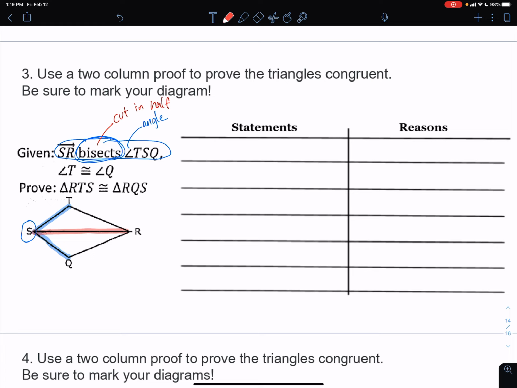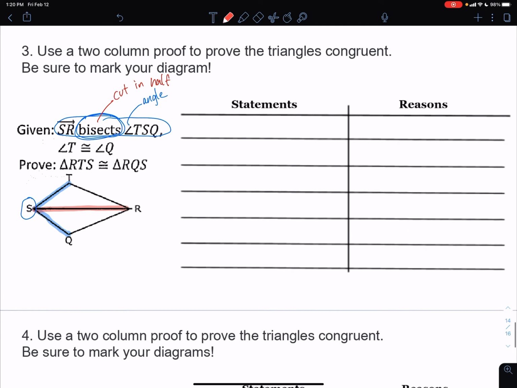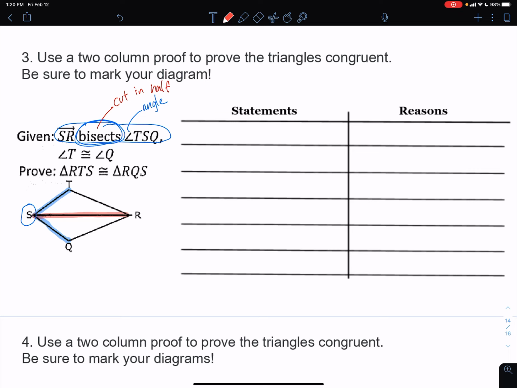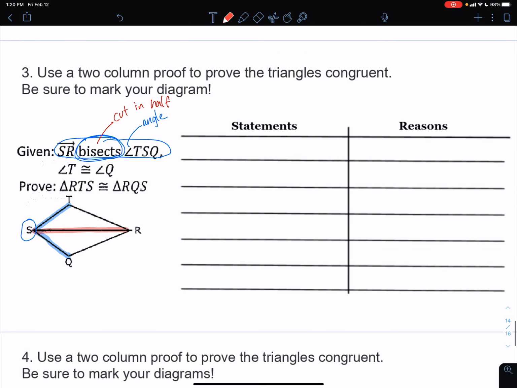Now, when you cut something in half, it creates 2 equal but smaller halves, right? Or 2 equal but smaller chunks. And so the red line is cutting our big angle in half, and it is creating 2 equal but smaller halves of that angle. So what are those halves is going to be the question.